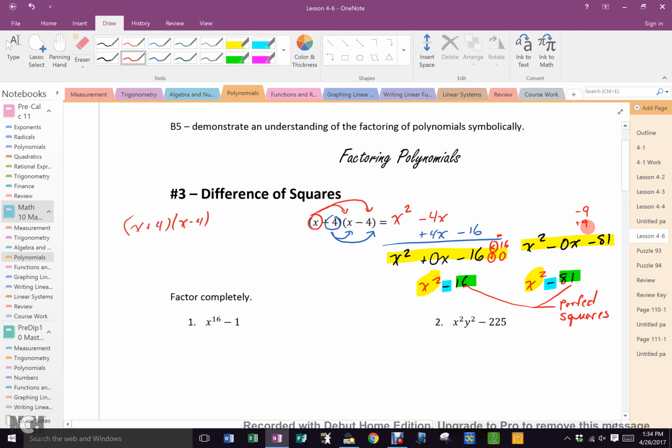Okay. Look closely. X squared minus 16. That's the expanded form, right? This is the factors, yes? I forgot the C. Factors, yes?